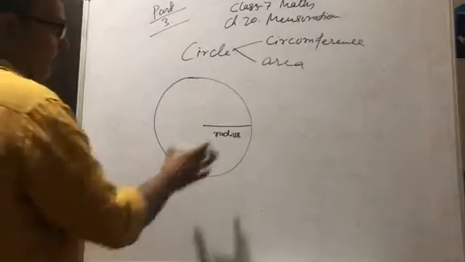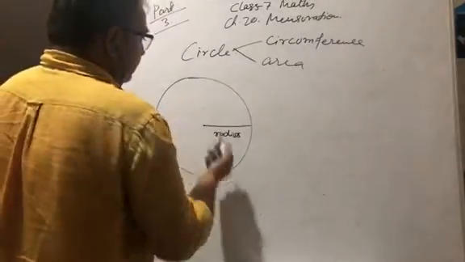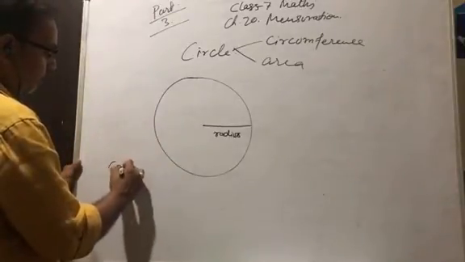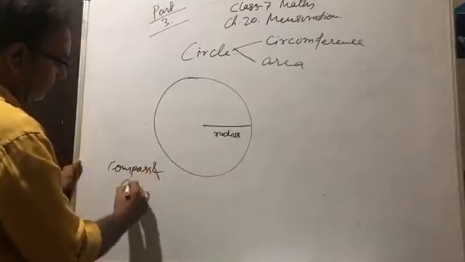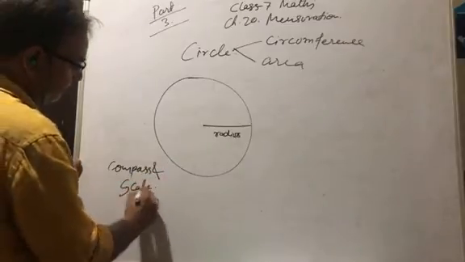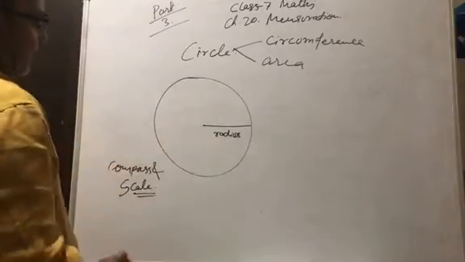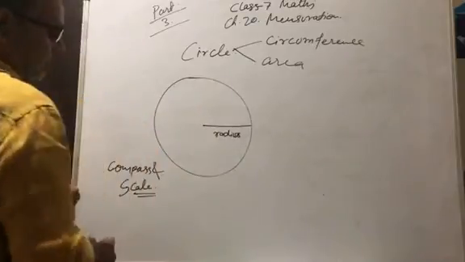Without radius, or without this line segment, we are not able to draw the circle. And for drawing a circle, we can use a compass and scale. Scale is helpful for taking the radius and compass is able to draw the circle.